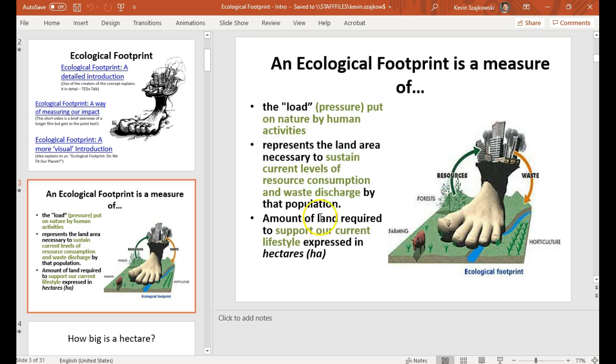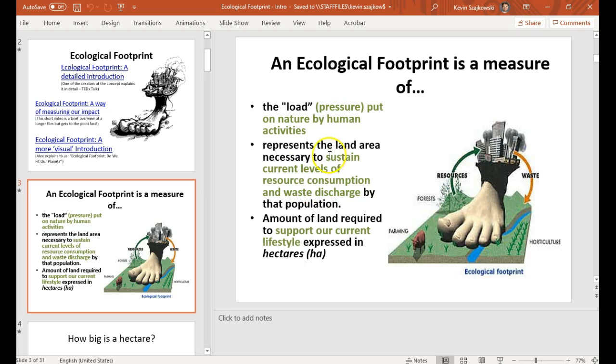And really what it comes down to, and this is key, it represents the land area that would be necessary to sustain all the different human activities that are happening in the lifestyle of the country or a person.